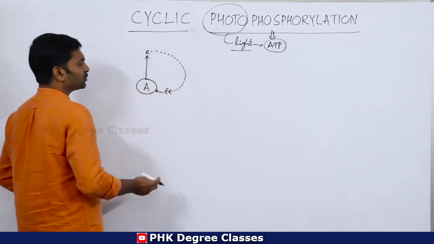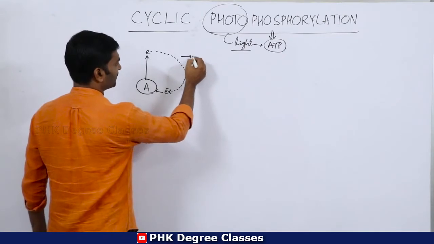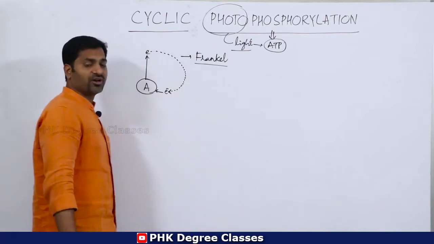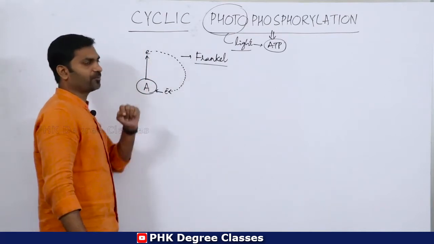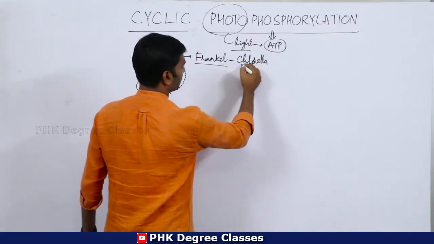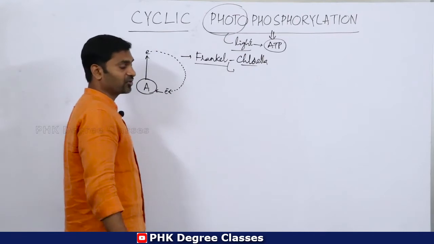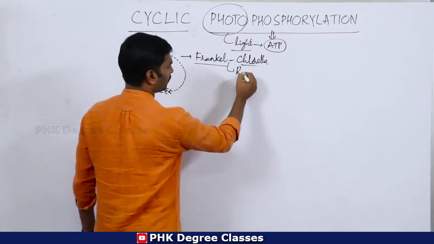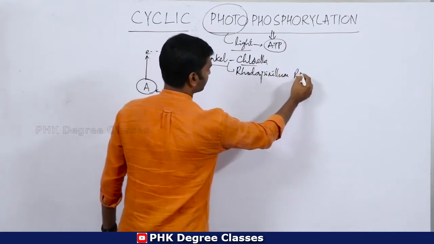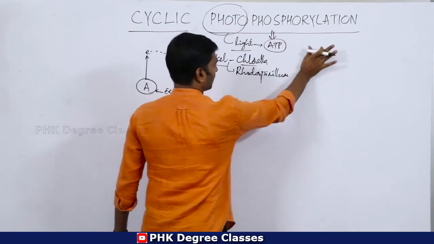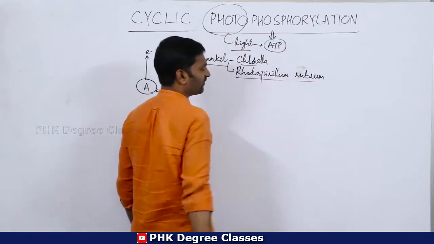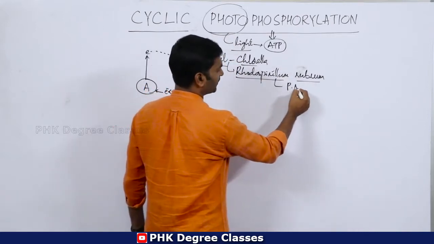Then come to the contribution of scientists, that is Frankel. Frankel did very good research on cyclic photophosphorylation in chlorella, and there is another bacterium that is more important than chlorella, that is Rhodospirillum rubrum, a kind of purple non-sulfur bacteria.